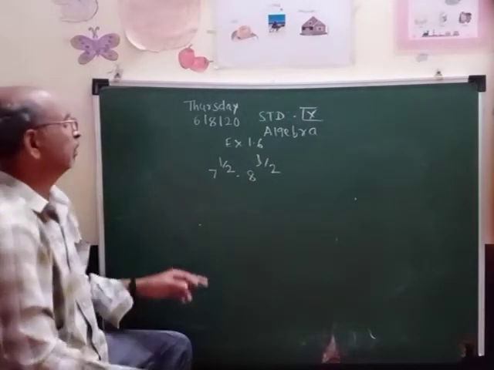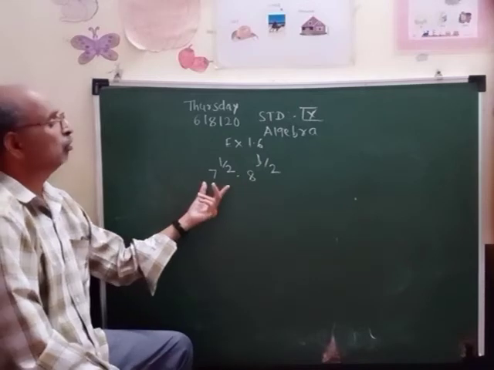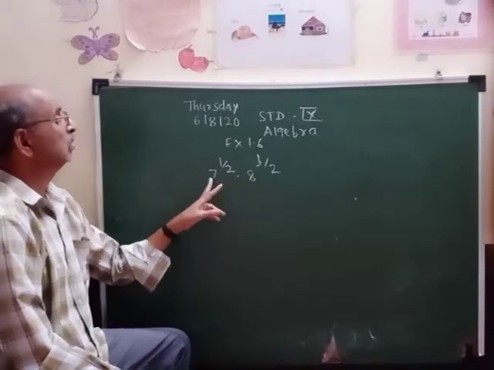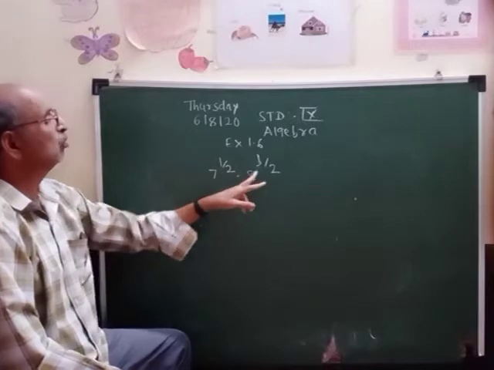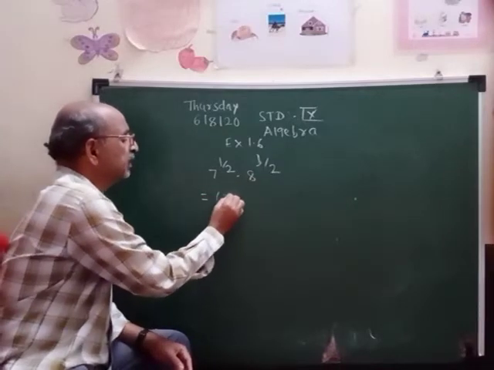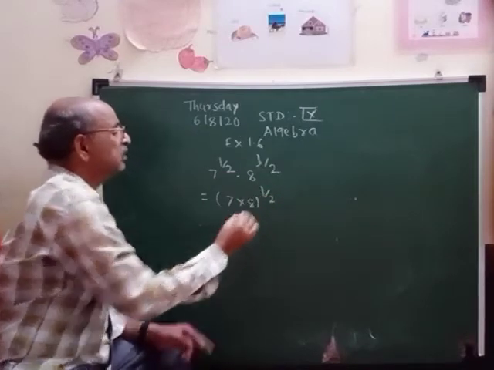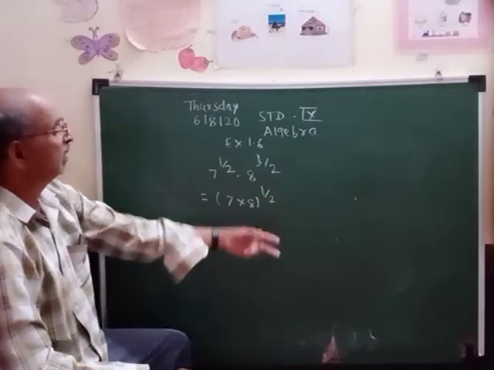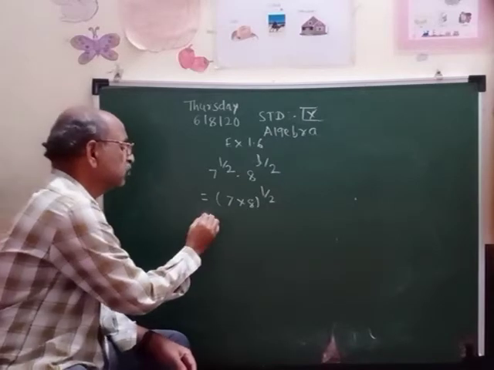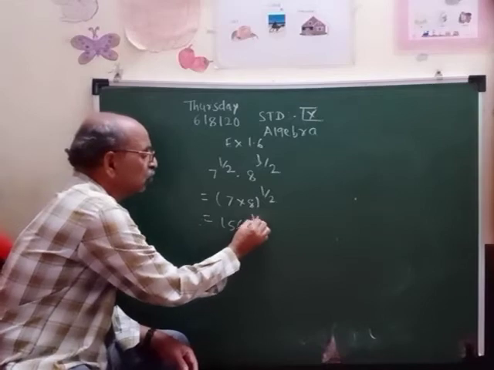Here multiplication is there but the base is not the same, so we cannot use that rule. This index is common to both, so we have to take it as common. So it is equal to 7 into 8 raised to 1 half, because this index is common to both, that we have taken as the common. So 7 into 8, that is 56 raised to 1 half.